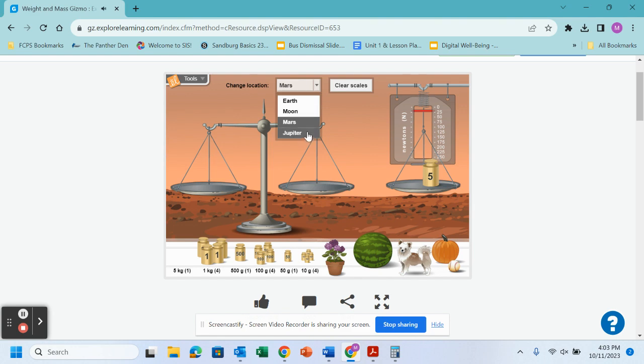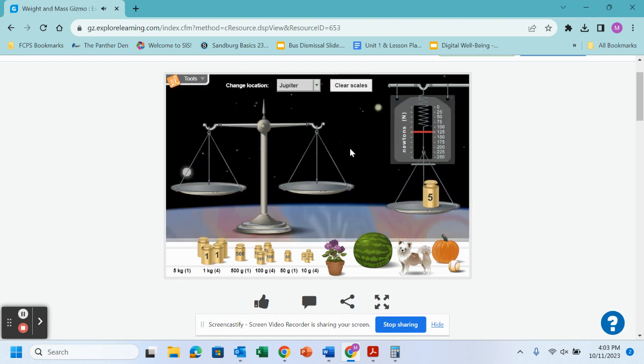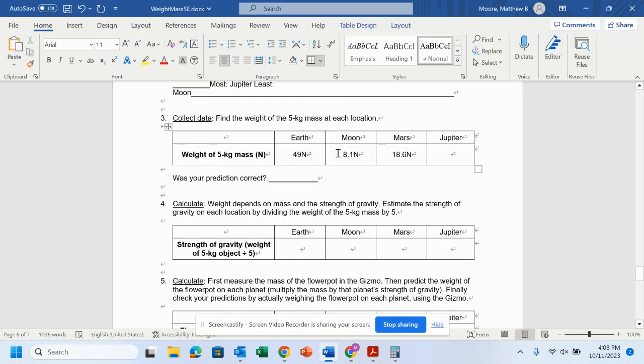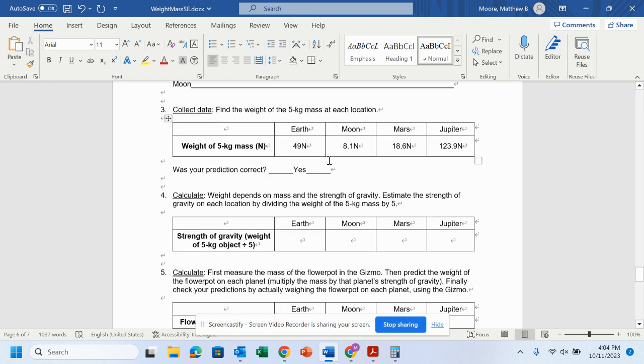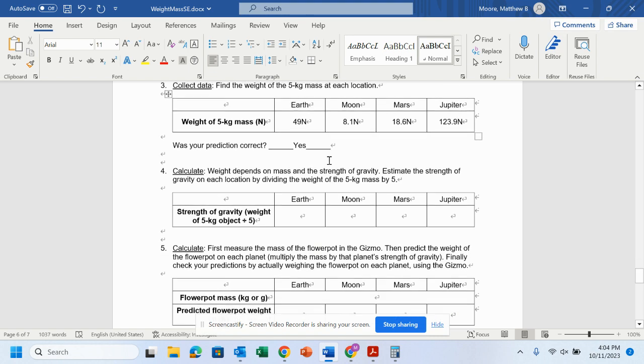And on Jupiter, it's 123.9 newtons. Okay, was your prediction correct? So yes, I predicted that Jupiter would have the greatest weight, and the moon would have the least weight.